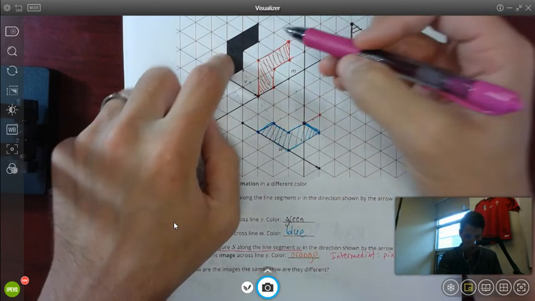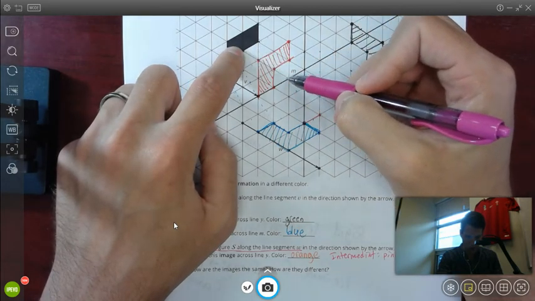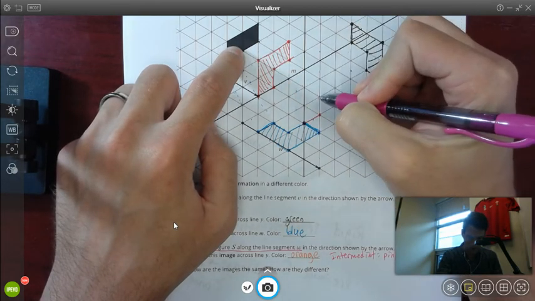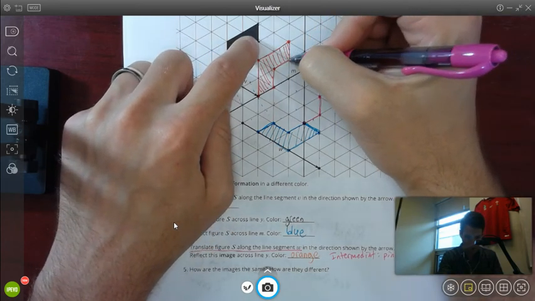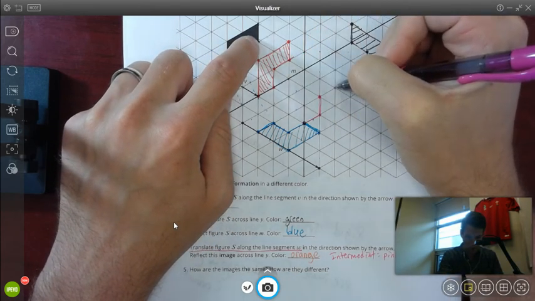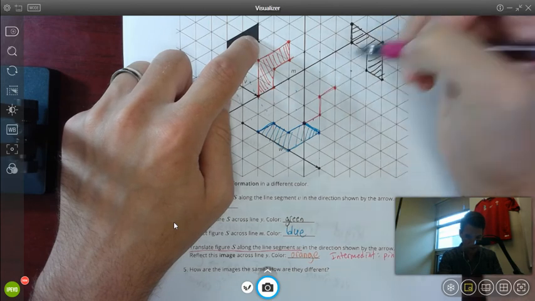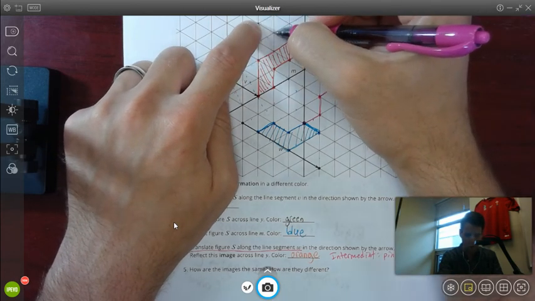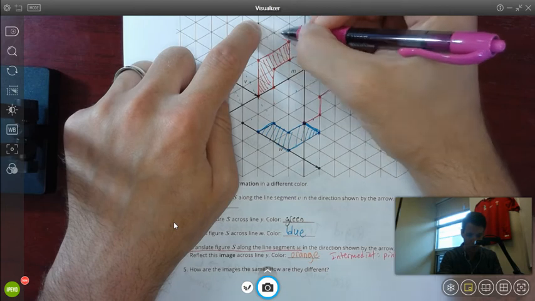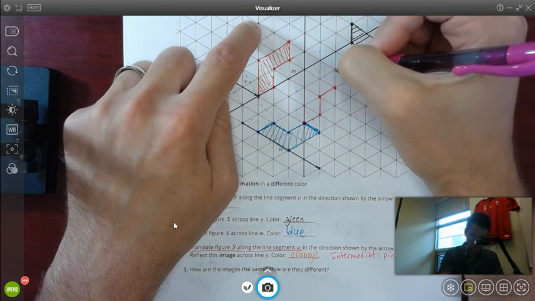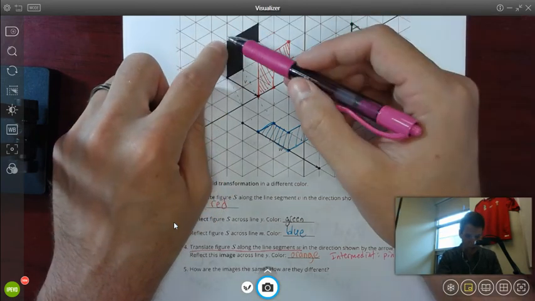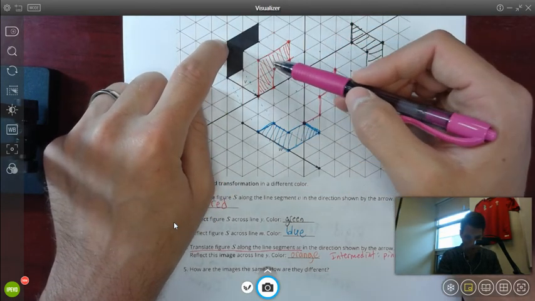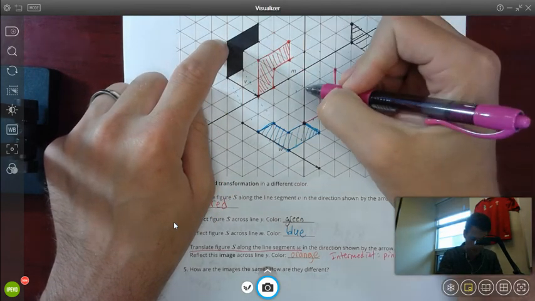We can do this for each point, 5 spaces each, and then our last point, 5 spaces.